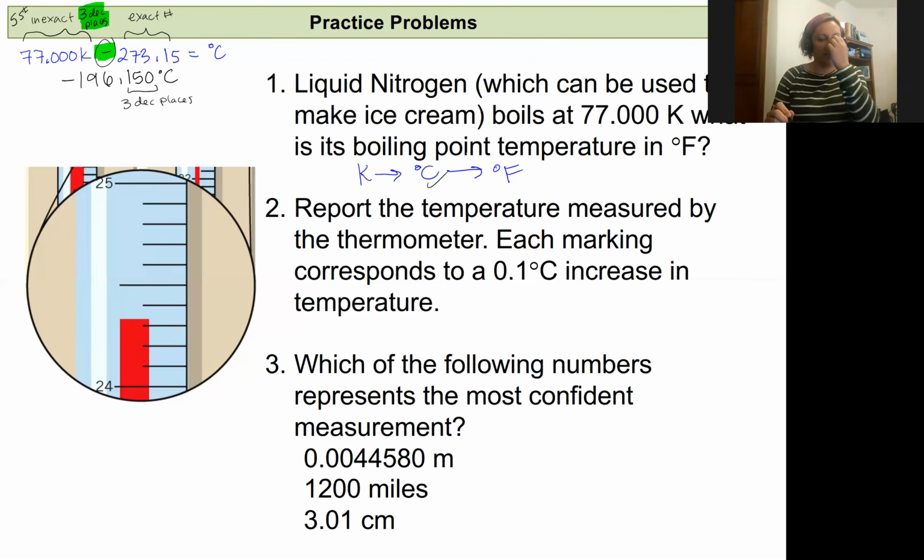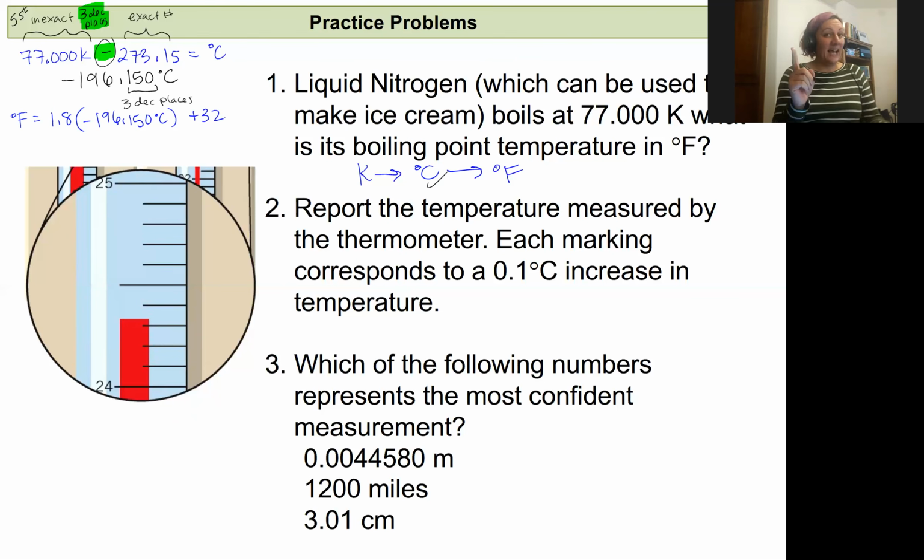All right, partway there. I made it to degrees Celsius, now to Fahrenheit. So I'm going to go ahead and plug this into an equation. So my temperature for Fahrenheit is going to equal 1.8 times my negative 196.150 degrees Celsius plus 32.